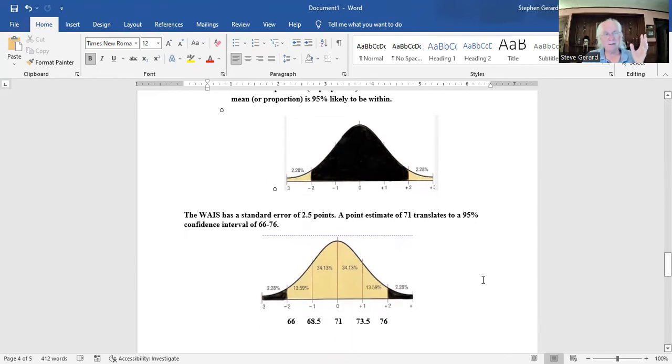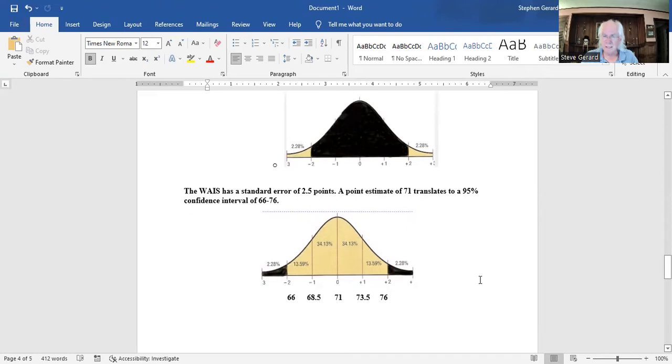Now, look, judges and lawyers, they get crazy with this kind of stuff, saying, just give me a straight answer. What's the guy's IQ? And the simple answer is, the guy's IQ is 71, a point estimate. The more honest, accurate answer is, we don't know what his real IQ is, but we know there's a 95% chance it's between 66 and 76.